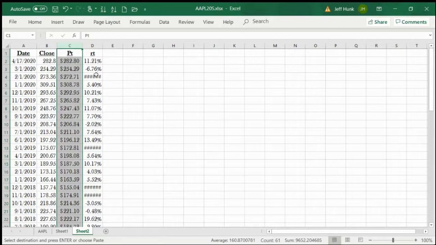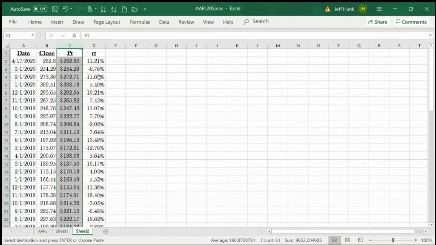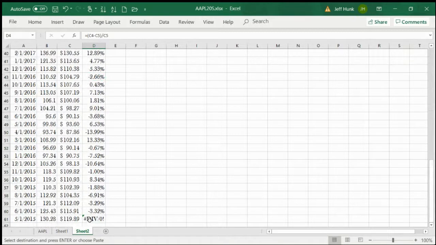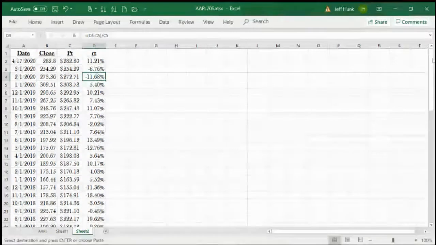Because these are based on the formula. And of course, we're going to be losing that because we don't have the data.